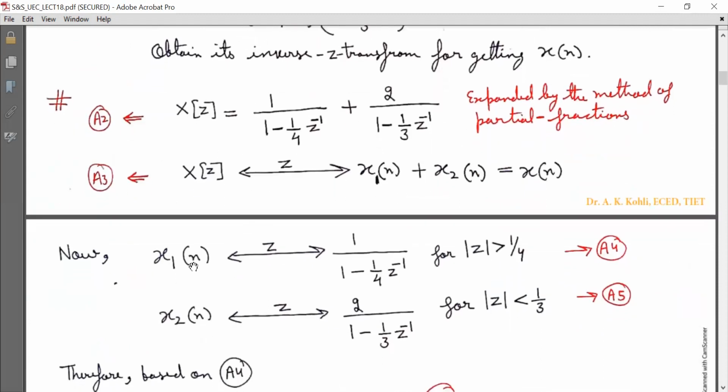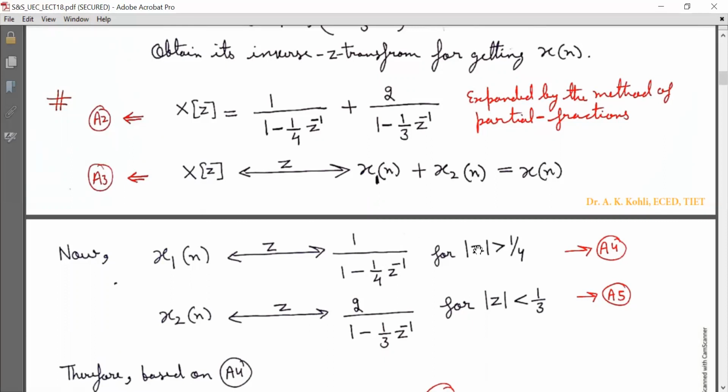Now the Z transform of x1[n] is 1 by 1 minus 1/4 z inverse for magnitude z greater than 1/4. That is the ROC for x1[n] or X1(z).